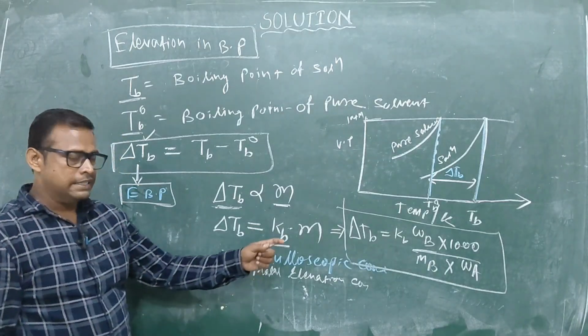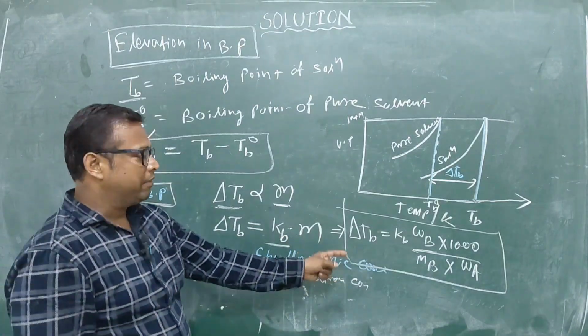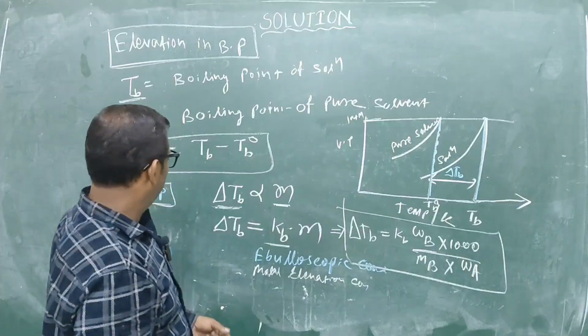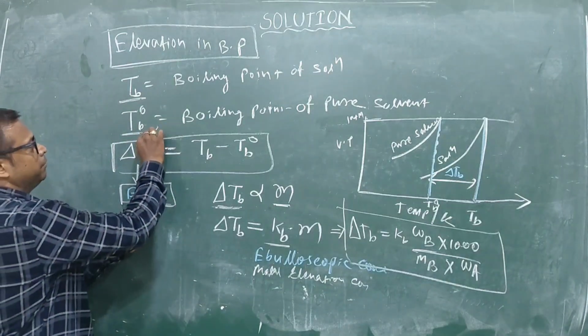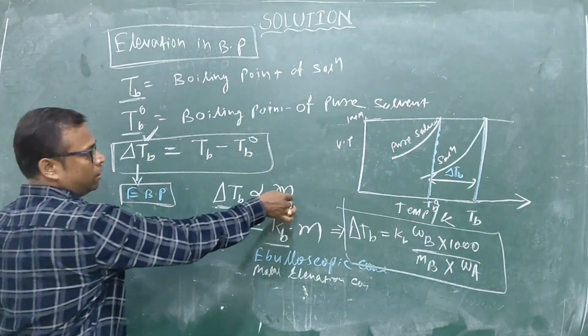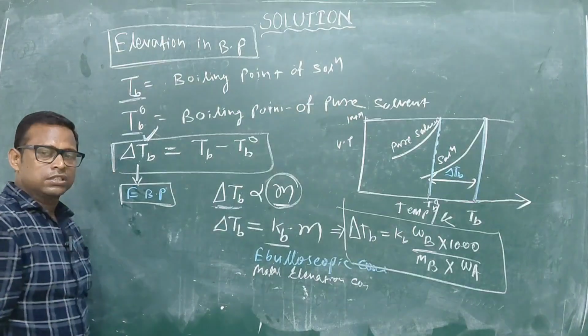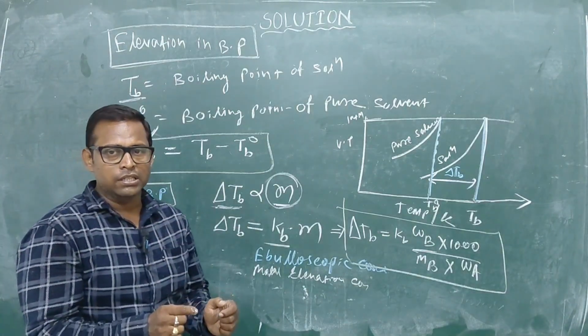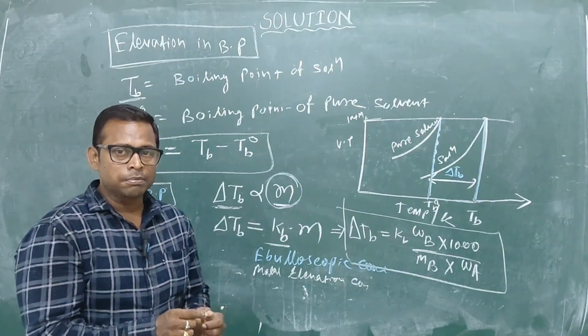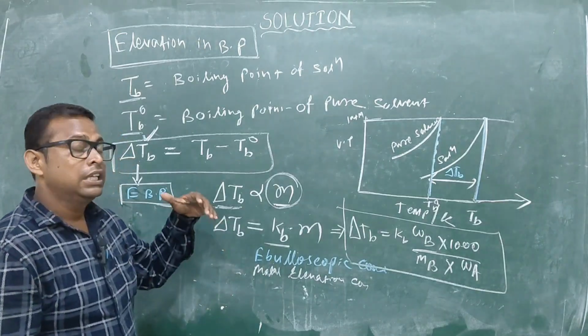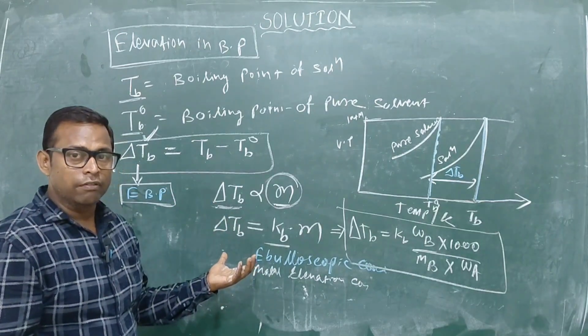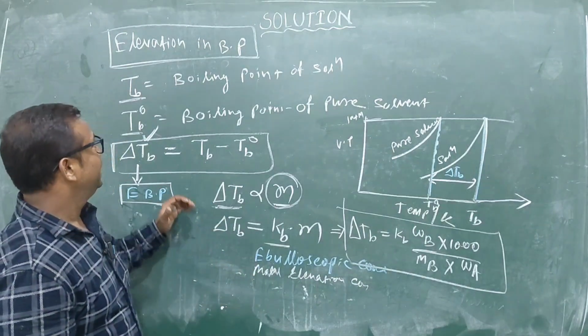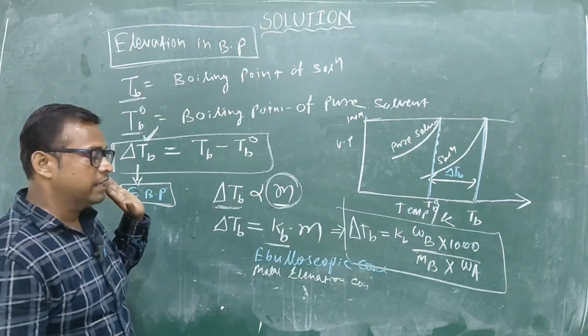And why is it a colligative property? Once again I repeat, because elevation in boiling point depends on molality. Molality is a concentration, it depends on the amount of substance and is independent of the nature of solute or solvent. So that's why elevation in boiling point is a colligative property.